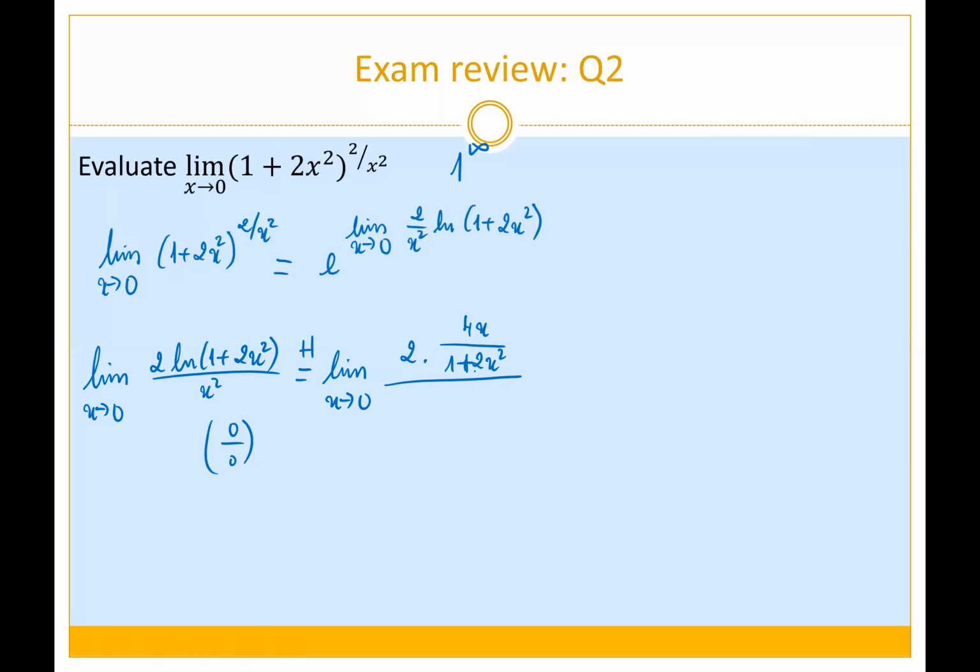The denominator is going to be 2x. So this limit now is equal to 4x divided by 2x, which is going to be 2, multiplied by 2 is 4, over 1 plus 2x squared, which is going to give us 4 in this case. And so plugging it back in, you have e to the 4.